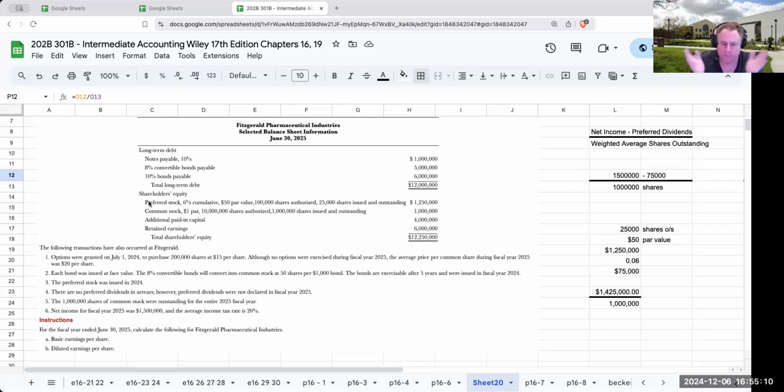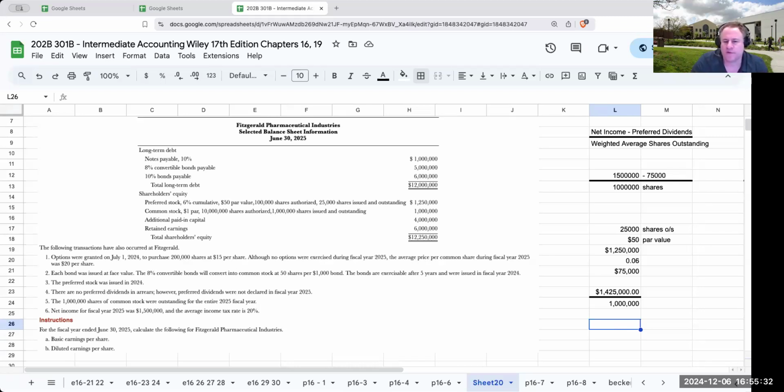When I look at the 8% convertible bonds payable, what I want to figure out are two things. If the bonds converted, how much interest could I have avoided? And also, how many shares would have been issued?